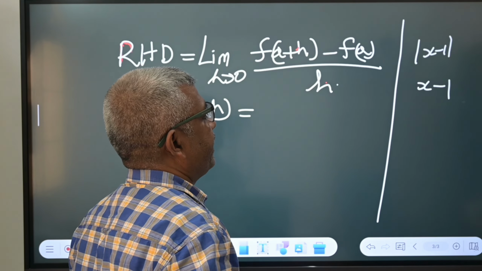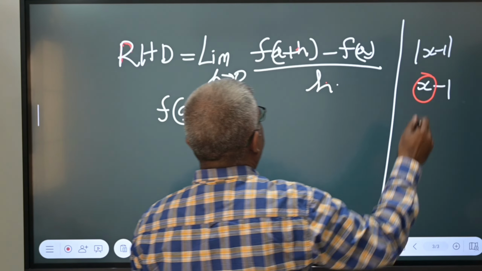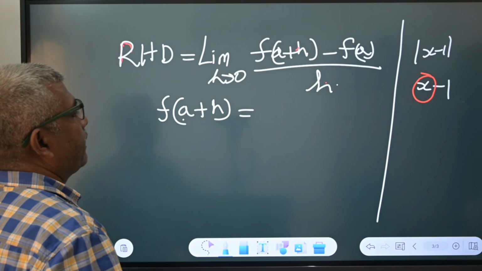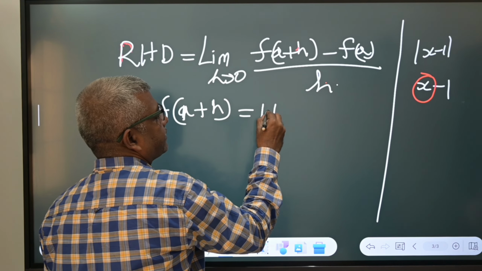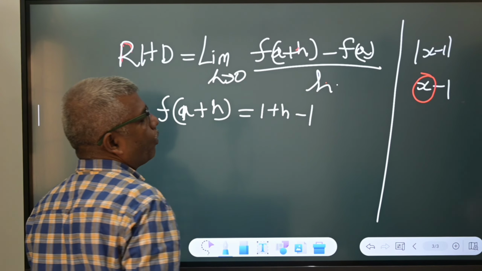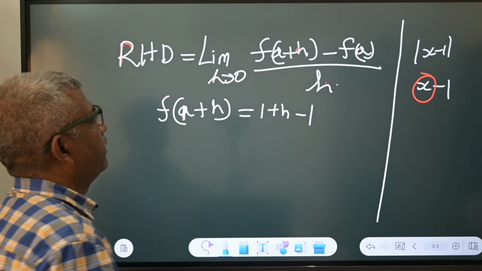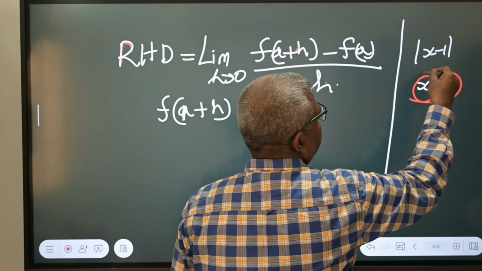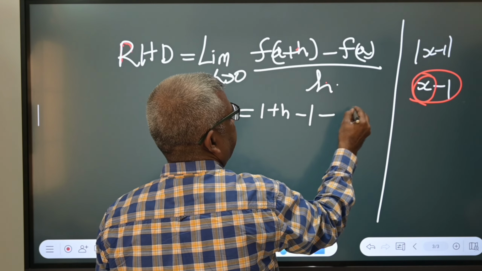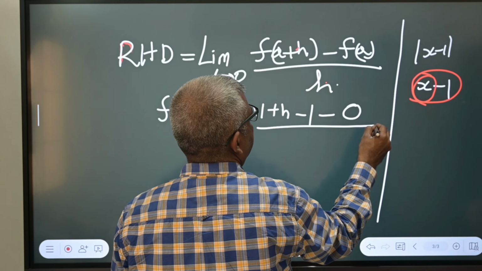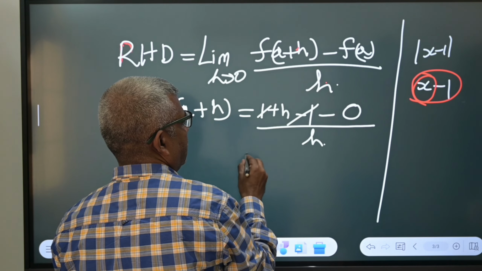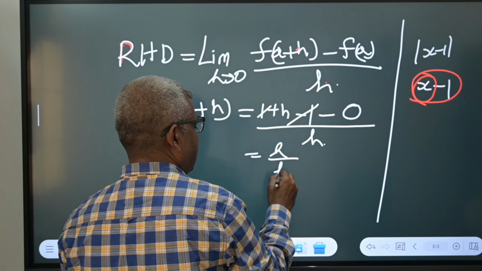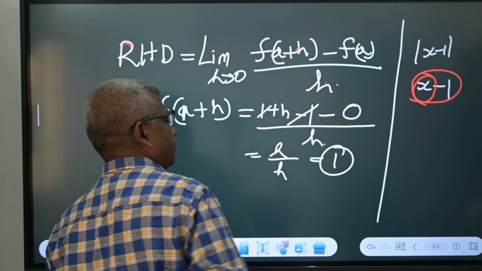So instead of x, we have to put 1 plus h, because here a is 1. 1 plus h minus 1. Minus f of a is 0, divided by h. h by h is equal to 1.